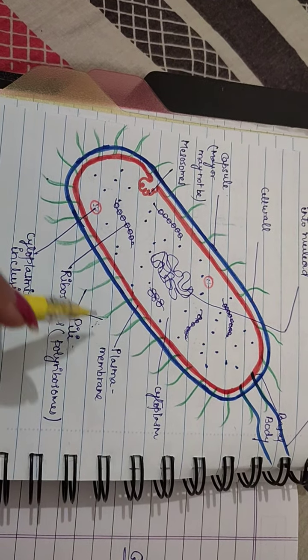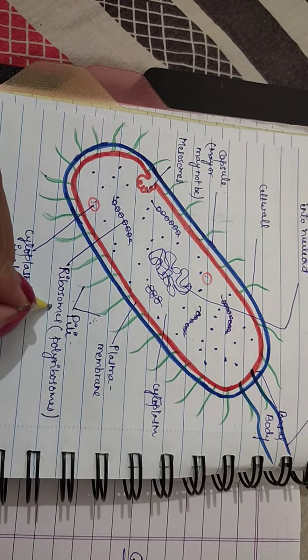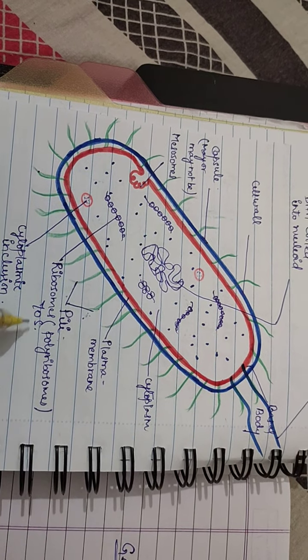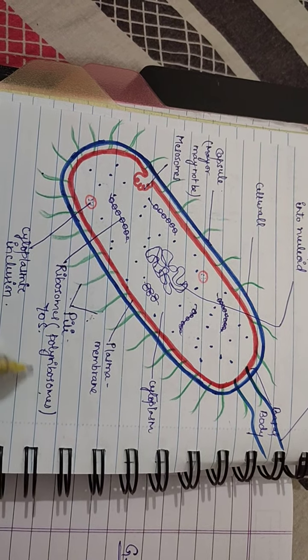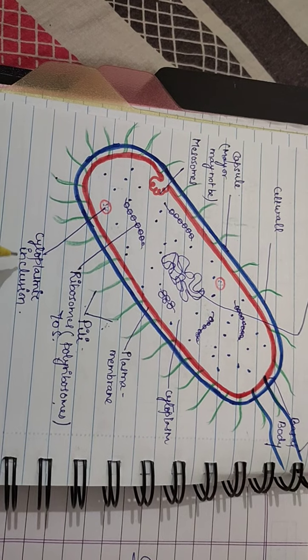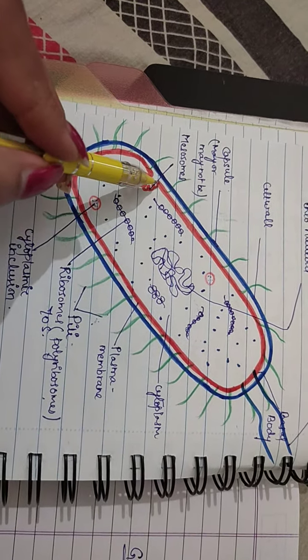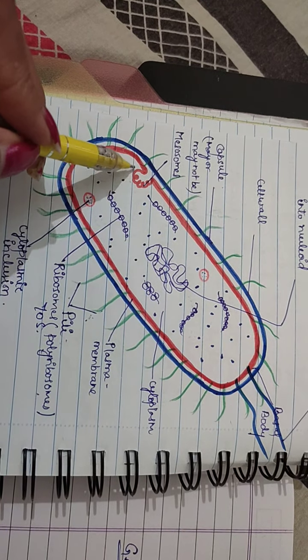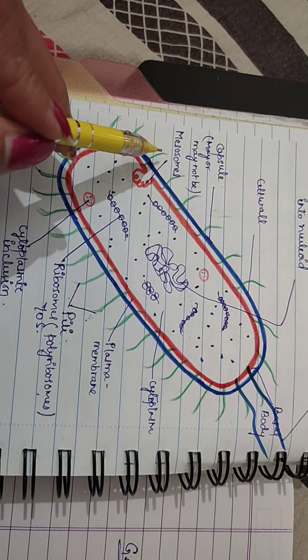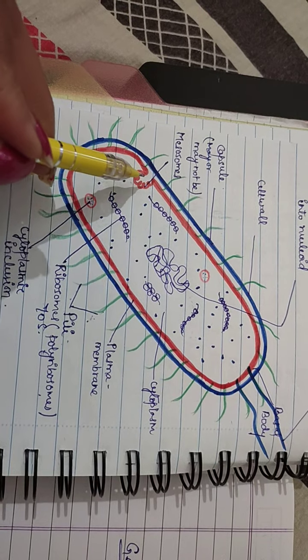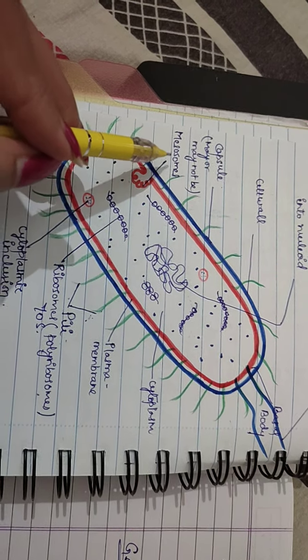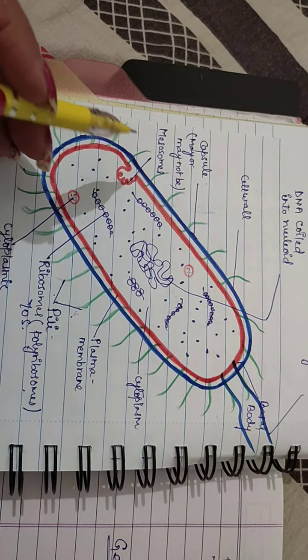Here 70S type of ribosomes are present, and they are in the form of polyribosomes. Poly means many, and these are the cytoplasmic inclusions. And this is some convoluted structure which emerges from the membrane, and this is known as mesosomes.